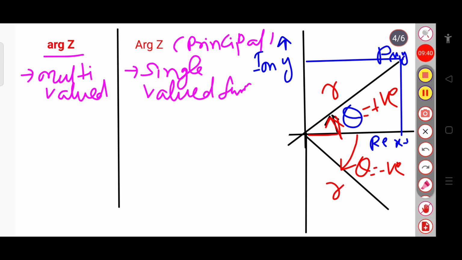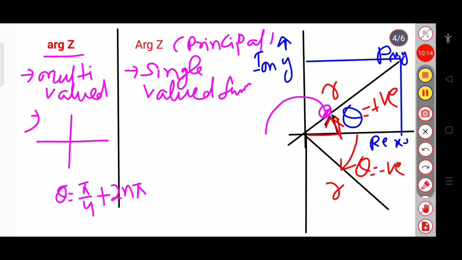It means that for the small argument of z, if I plot a curve for the complex number z, it has the same value for some interval. If the theta value is suppose pi by 4, then after a 2n pi rotation this value remains the same. If I start from this point, then after a 2 pi rotation I come back to the same point, and again after another 2 pi rotation I come back to the same point.